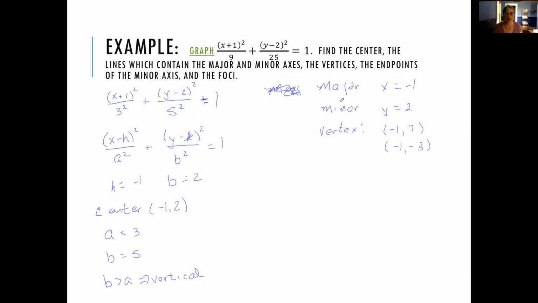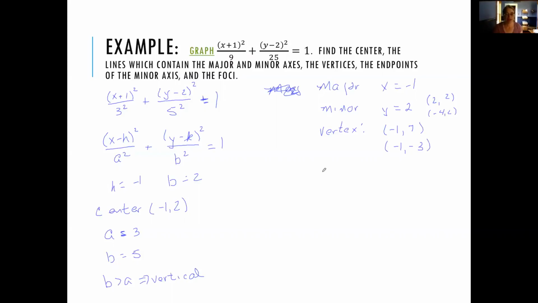My endpoints of my minor axis are going to be a units to the left and right of my center at 2, 2, and -4, 2.